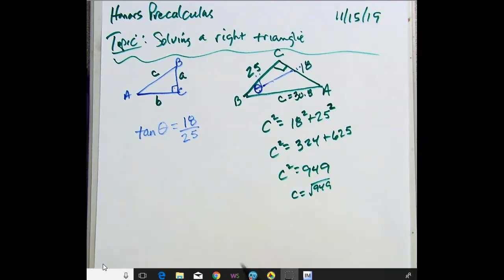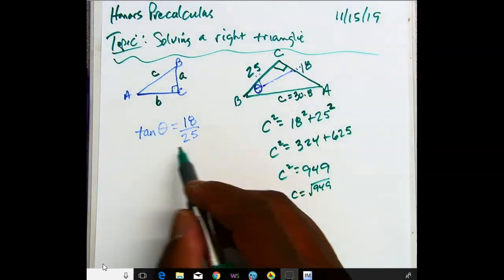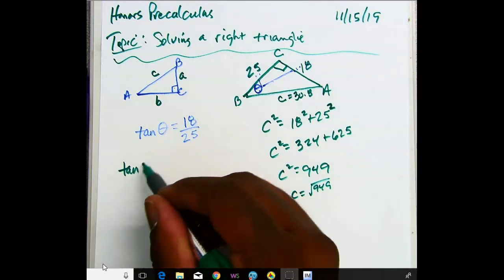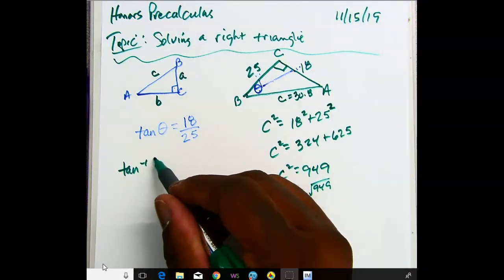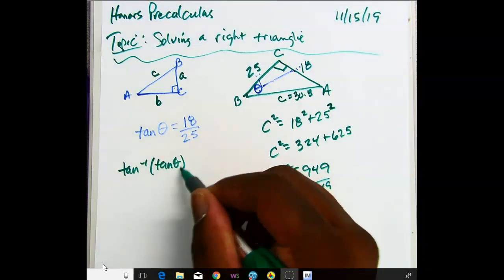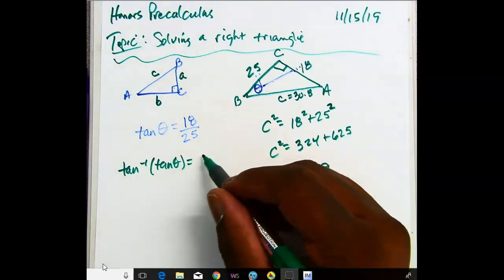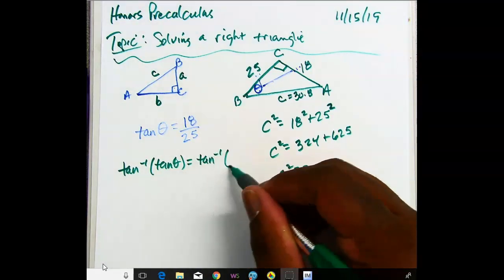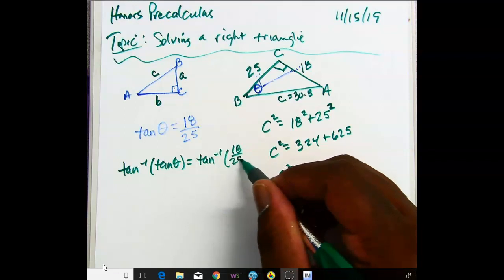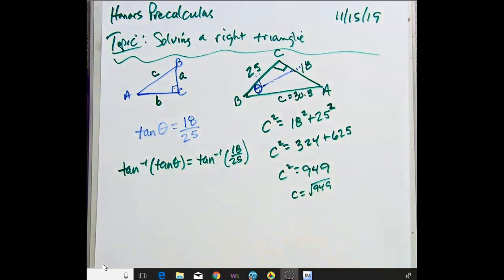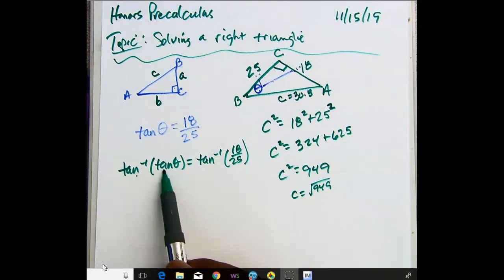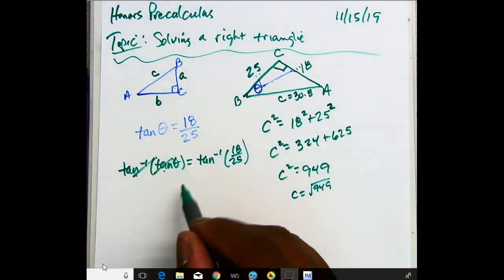So now let's take the inverse tan of both sides. So the inverse tan of tangent of theta is equal to the inverse tan of 18 over 25. So the inverse tan of tan, they undo each other, and we're just going to be left with theta.